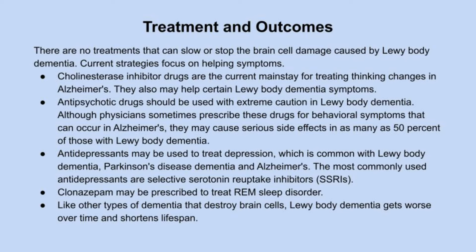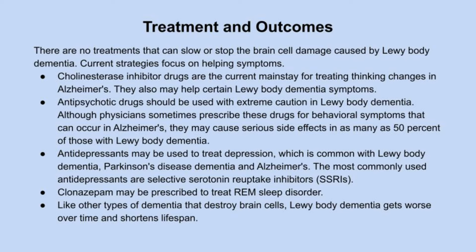The antipsychotic drugs should be used with extreme caution in Lewy body dementia. Although physicians sometimes prescribe these drugs for behavioral symptoms that occur in Alzheimer's, they may cause serious side effects in as many as 50% of those with Lewy body dementia.